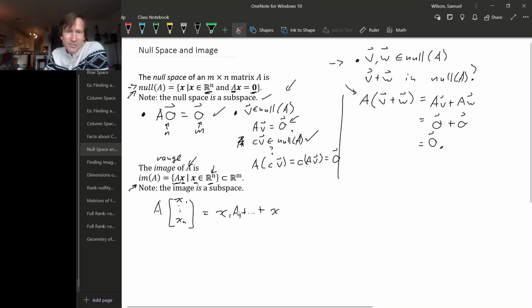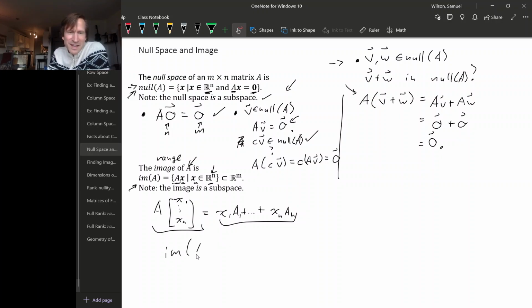So what we get is x1 times the first column all the way through xn times the nth column, right? So this collection of all vectors times A is the same as the span of the columns. So the image of A is actually the same as the column space of A.